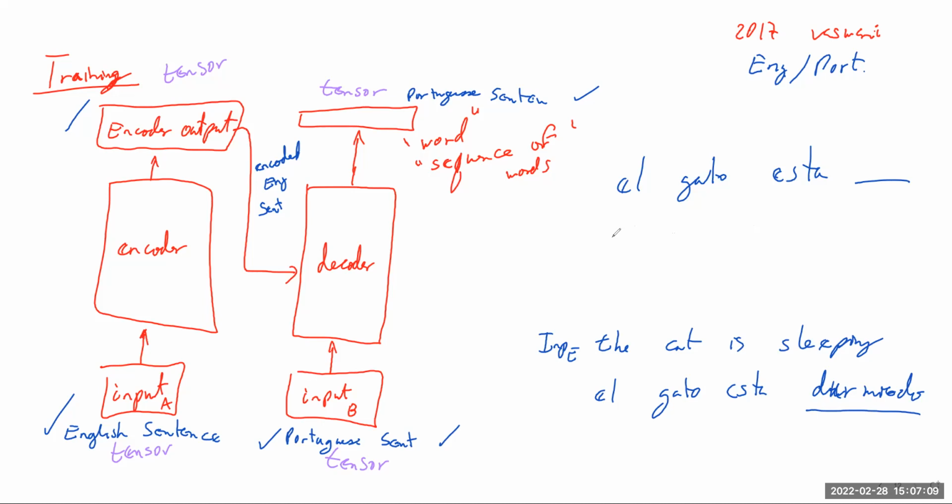I forget what the code is, but let's say start of sentence, so SOS. You have these special symbols that indicate start of sentence and end of sentence whenever you're training your model. So when you do this, it's got to be like this.